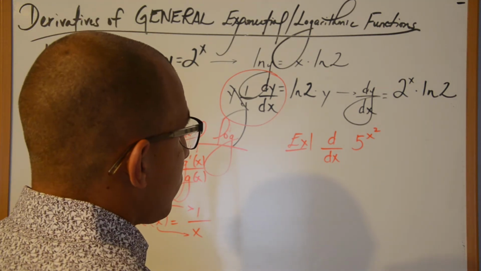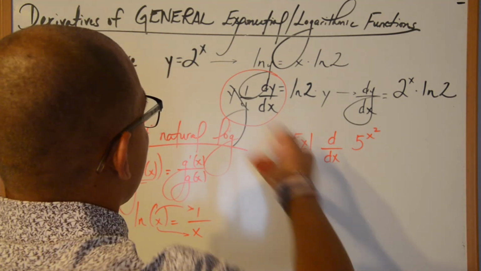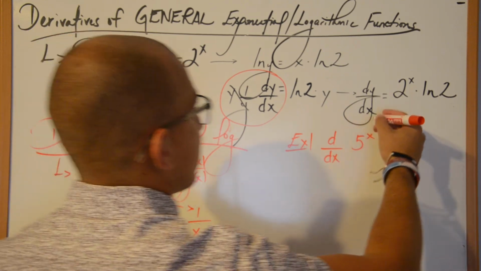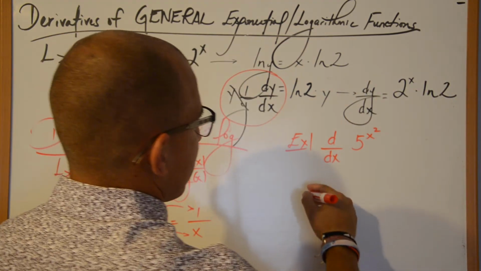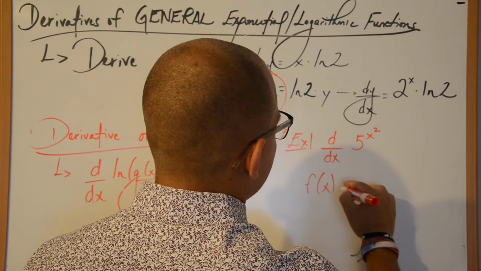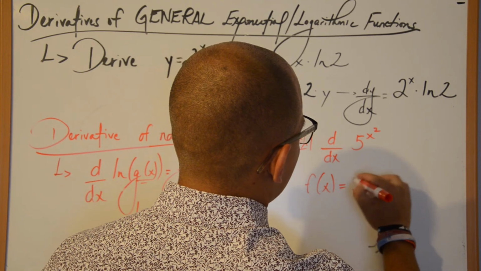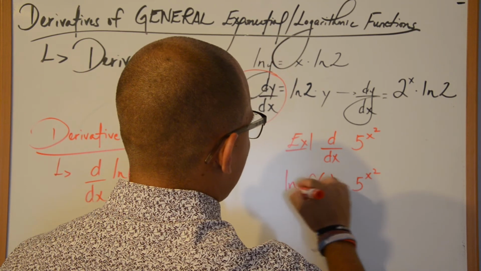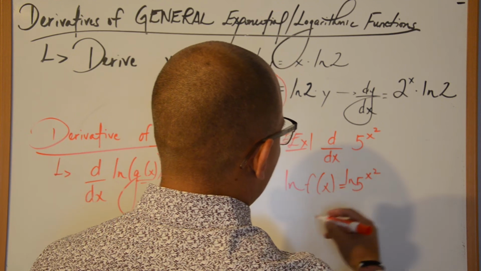Okay? There's two ways we can do it. I prefer slow and steady wins the race. I'm not a fan of this memorization thing. So I'm going to set f of x equal to 5 to the x squared, and I'm going to take the natural log of both sides.